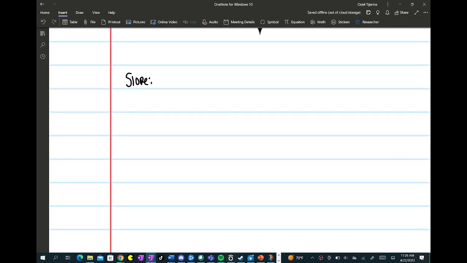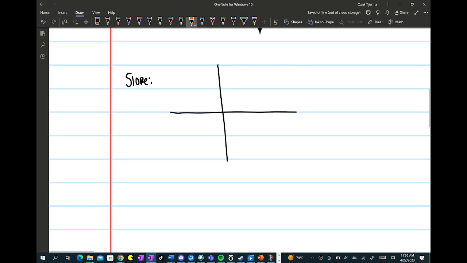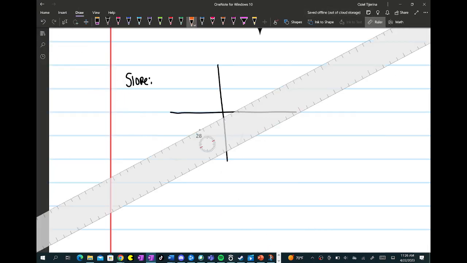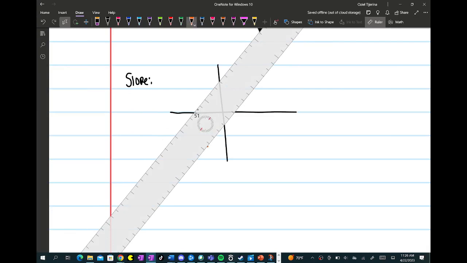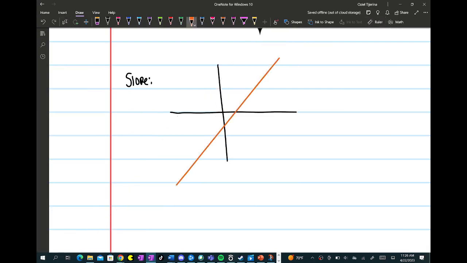So the slope, when we have a graph, and I'm going to go ahead and draw this random line on the graph here. So for example, let's call this x1, y1, and over here we'll call this x2, y2.